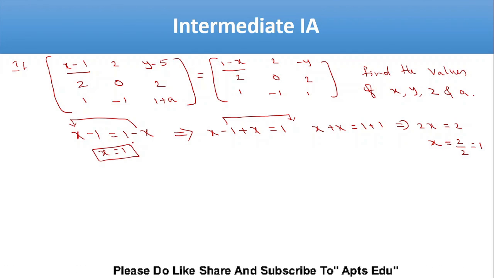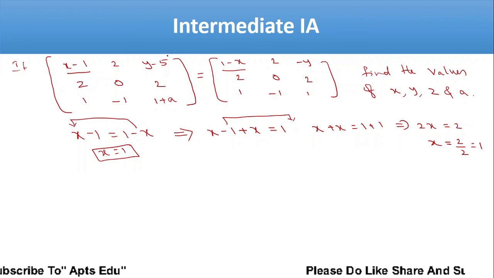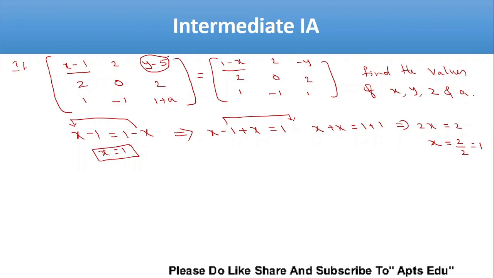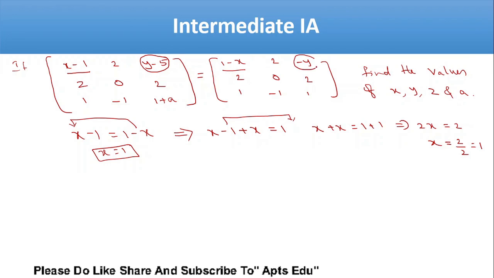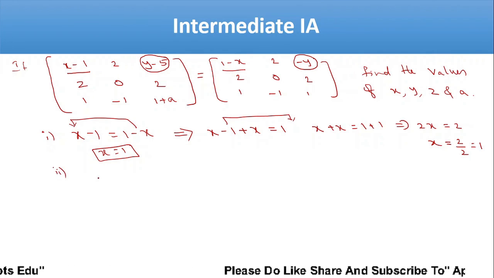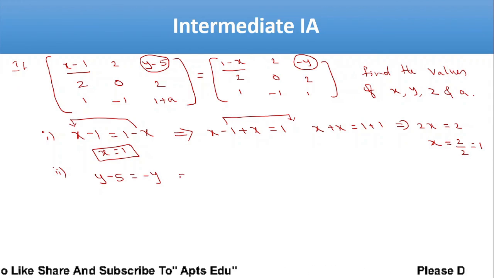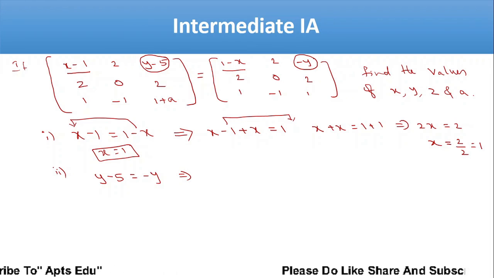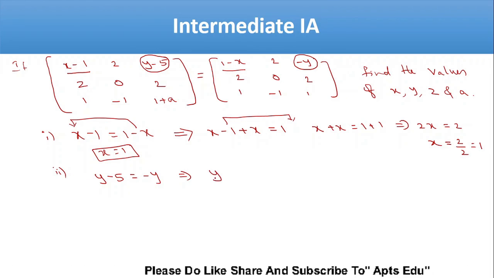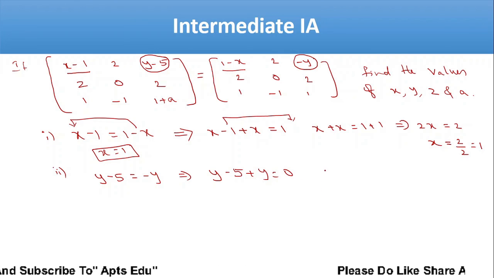Now we'll find out the value of y, z and a. Again, this element is equal to this element. So y minus 5 equal to minus 5. If I bring this y to the side, y minus 5 plus y equal to 0.